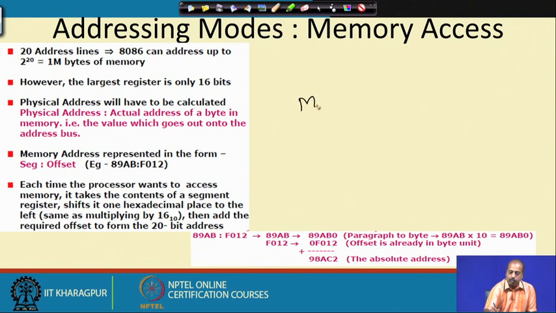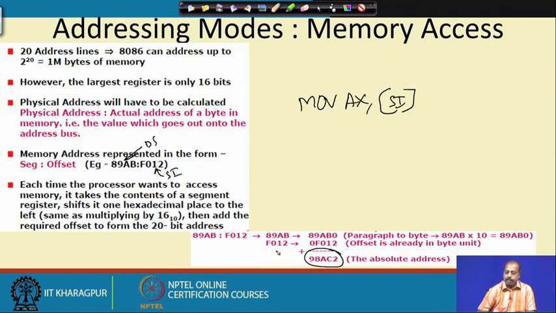Then when you write MOV AX comma within brackets SI, we assume that 89AB is in the DS register and F012 is in the SI register. This is what will happen internally, and then on the address bus, the address that will be put is 98AC2 hex. That way the operation takes place.